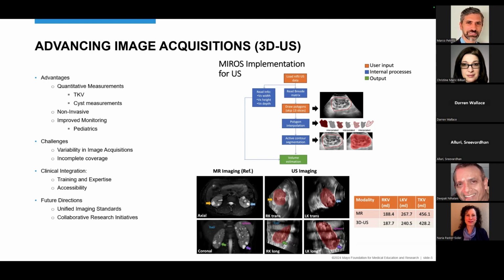We will still see challenges with variability in the image acquisition, and something we've definitely run into here is incomplete coverage. So it can be difficult, particularly in more advanced or severe disease stages, having incomplete coverage and thereby not being able to accurately measure total kidney volumes. But again, I think there's a really nice opportunity here.